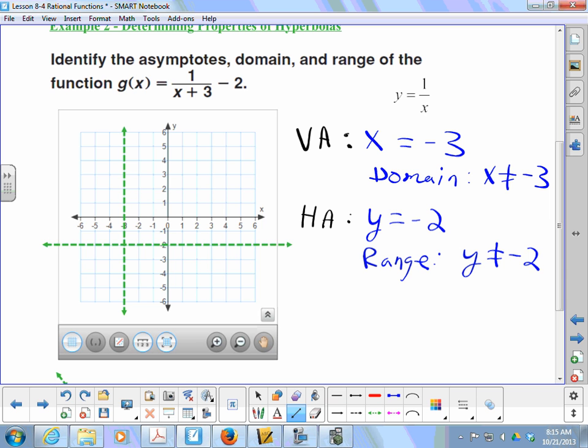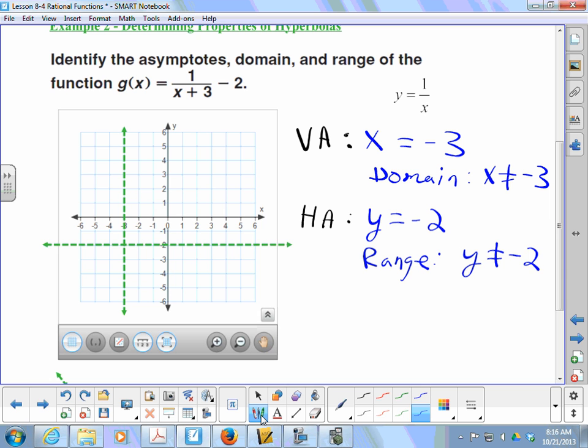Why would I put a dotted line? Okay, all right. So a solid line, it means it would actually be there. Okay, a dotted line, it's not actually there. I'm just using it to divide my area up. Okay, all right. So my graph then is pretty simple for the most part.